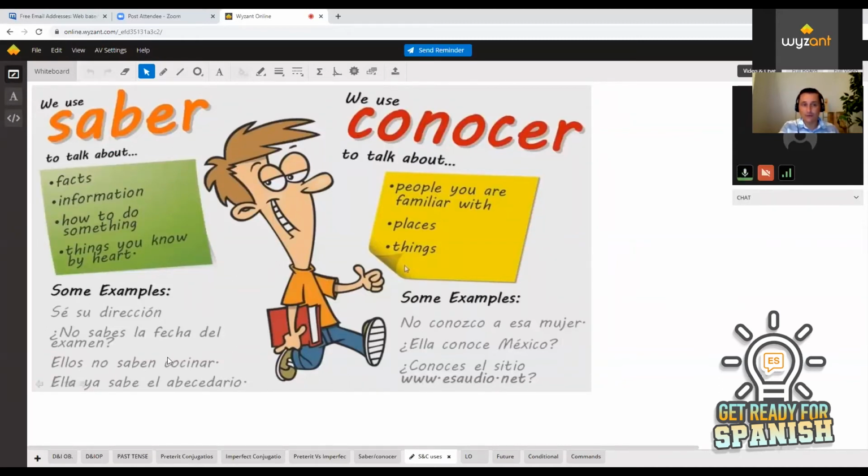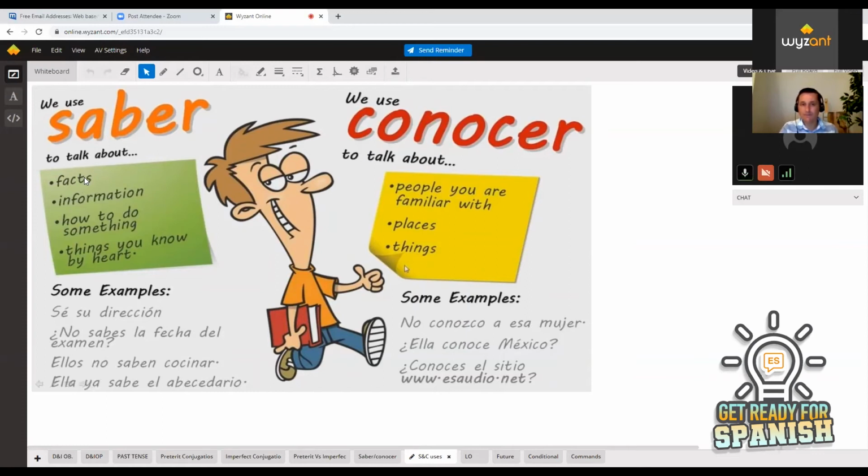They don't know how to cook. How to do something, we use saber. Ella ya sabe el abecedario. She already knows the ABCs, something that she knows as a fact, as information.